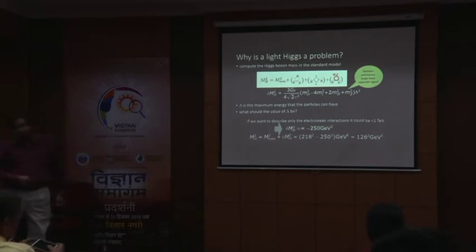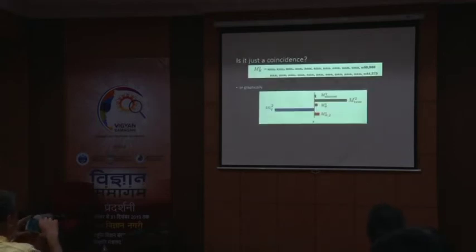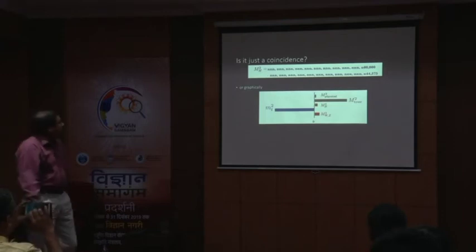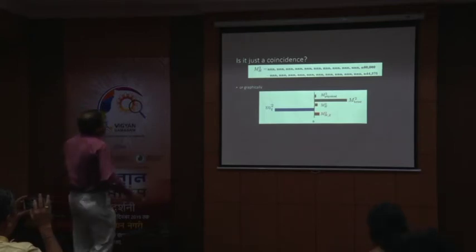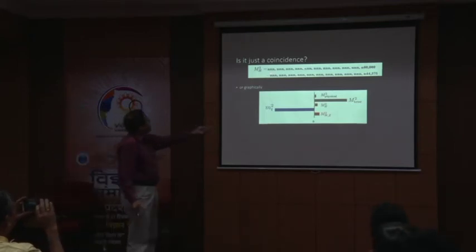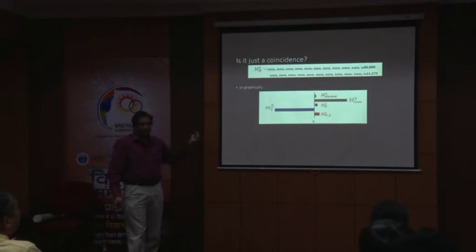So the Higgs mass is coming out of the calculation as some big number over here, and you subtract and you get exactly the observed mass that we are getting, and it's very unlikely, right?